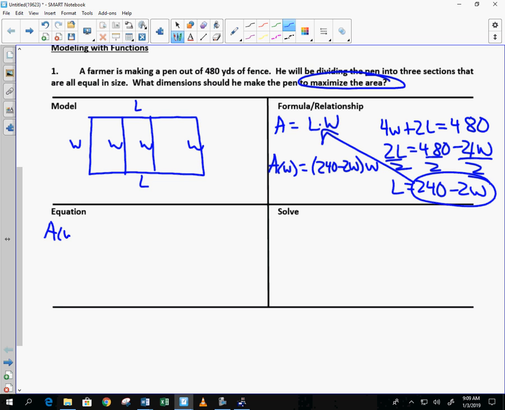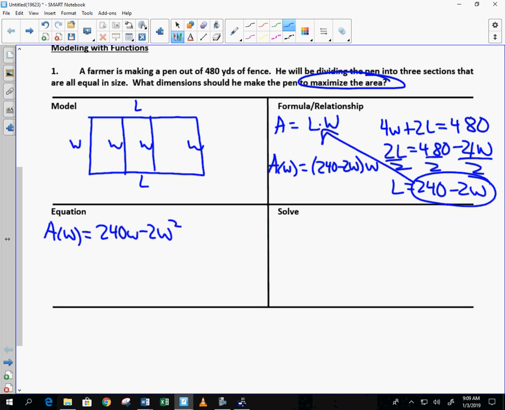The area in terms of width is equal to 240W minus 2W squared. Yes. You could do that as well. If you like to do area in terms of L, that's fine. Problem will still work out.